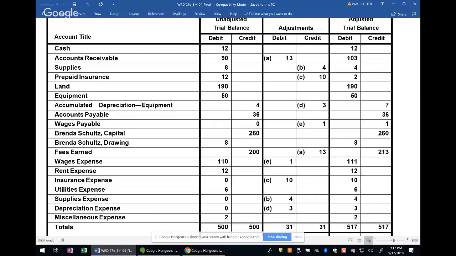Now we're going to do columns 7, 8, 9, 10. Columns 7 and 8 have your income statement stuff. Columns 9 and 10 have your balance sheet stuff. So go ahead and see if you can do columns 7 and 8, the income statement information.